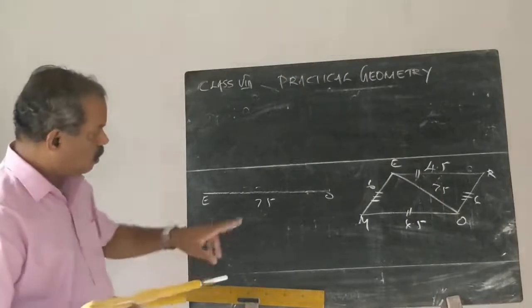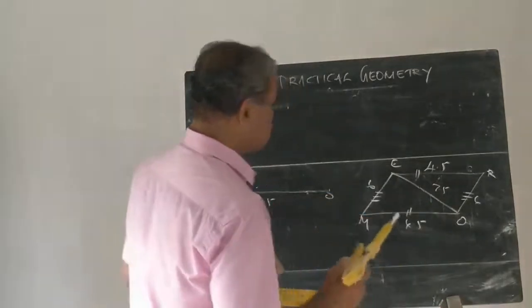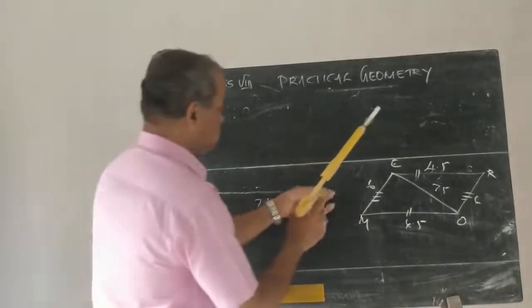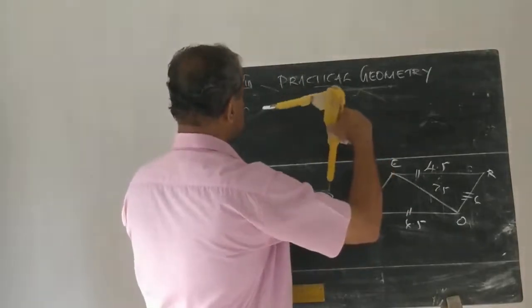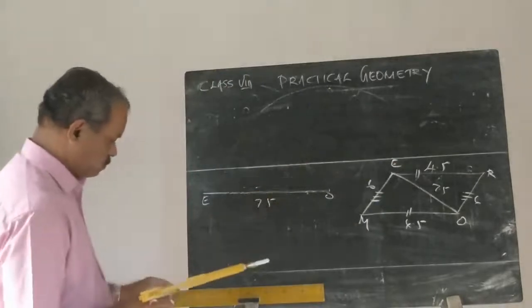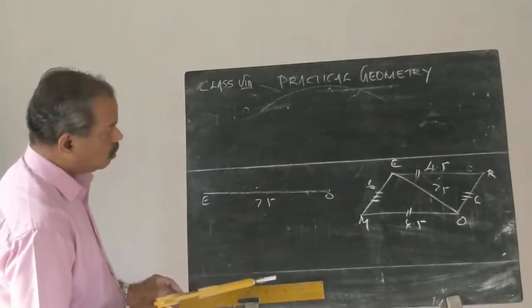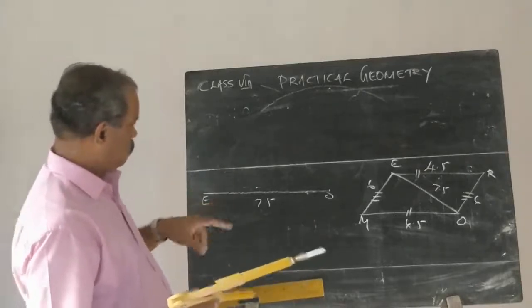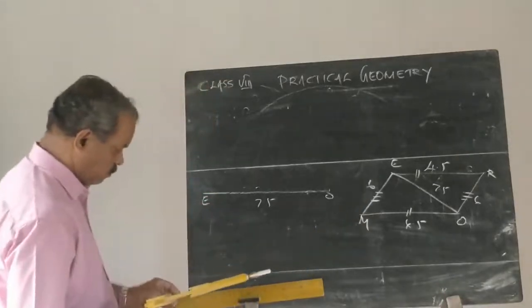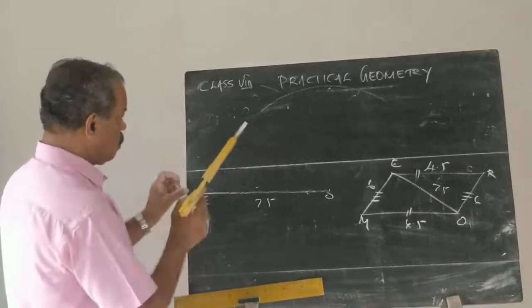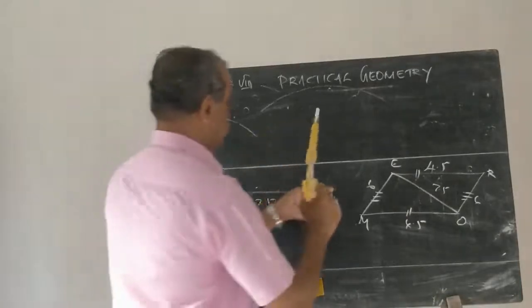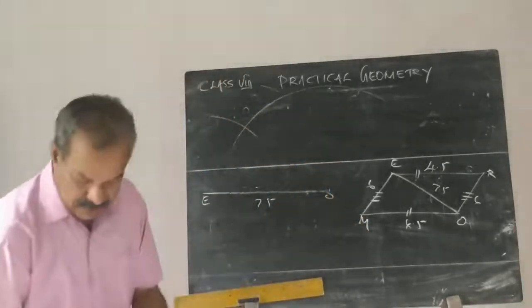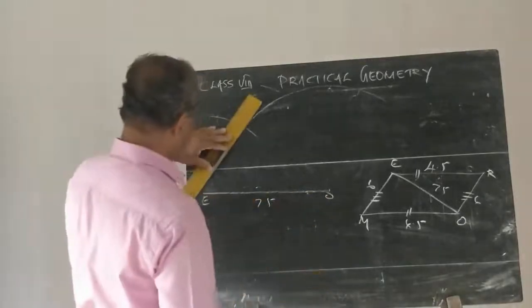From O, 6 centimeters. From E, 4.5. Now we got one triangle.